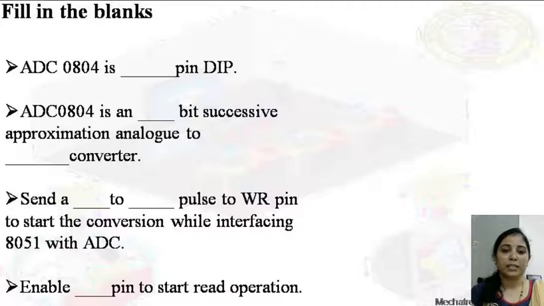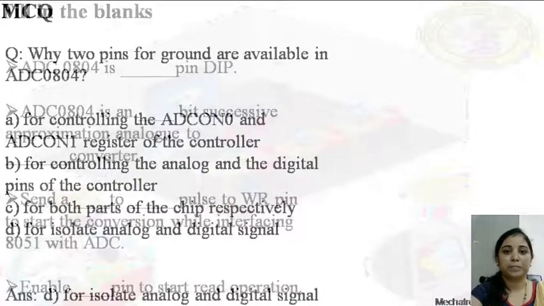The next is: send a dash to dash pulse to the write pin to start the conversion. Here we are sending a low to high pulse. The next question is: enable dash pin to start read operation. We are enabling the RD signal to start the read operation.